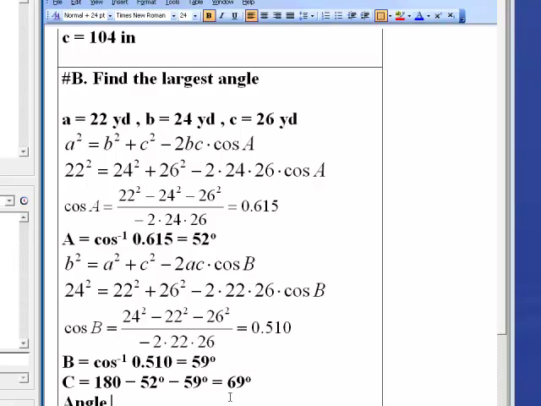So angle C equals 69 degrees and is the largest angle. And with that, I conclude the problem section for the law of cosines.